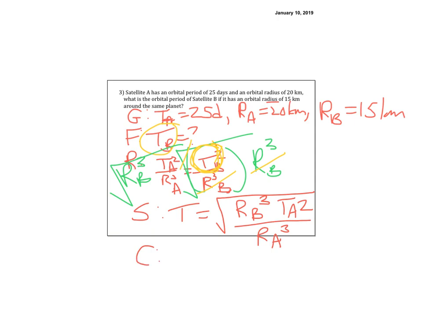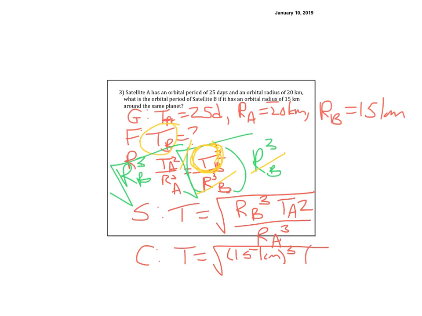So calculate T is equal to, we got to make sure you plug in all the right numbers. So RB was 15 kilometers, and it's cubed, times TA squared.